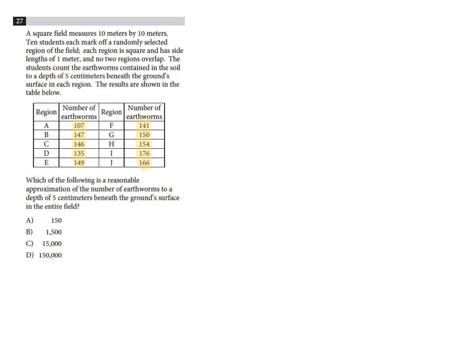So I'm going to pull up my calculator here. It's going to be 107 plus 147 plus 146 plus 135 plus 149 plus 141 plus 150 plus 154 plus 176 plus 166. Okay, so the total number of earthworms they found in their regions was 1,471. We're going to divide that by 10.